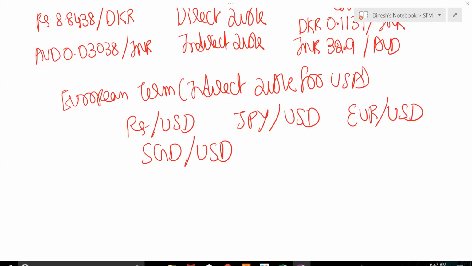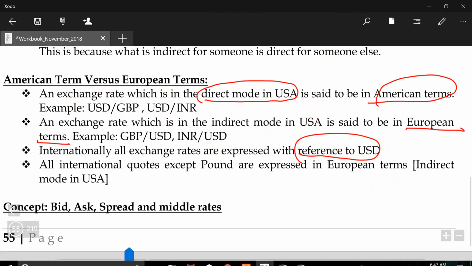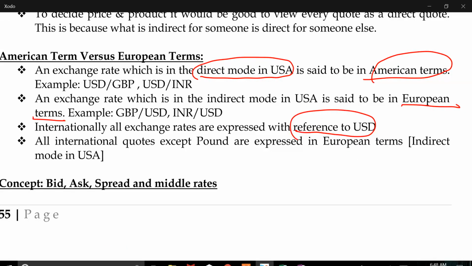GBP alone will not be like this. GBP quotes internationally will be USD per GBP. This currency alone is an exception. So internationally, all quotes except pound are expressed in European terms. That is indirect mode in USA.